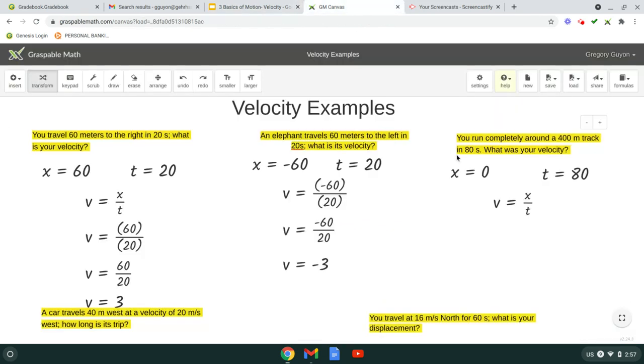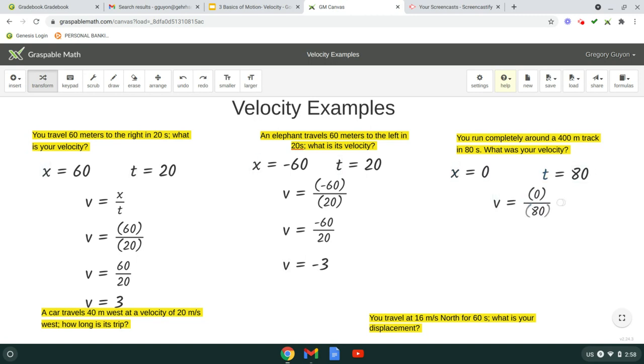It says you run completely around a 400-meter track in 80 seconds. What was your velocity? Really simple problem, because your starting point and your ending point are exactly the same location. So our displacement in this case is 0. When we plug this in, we get x is 0 and t is 80.